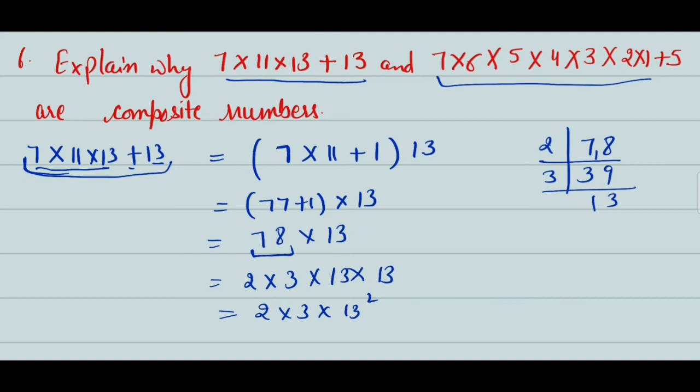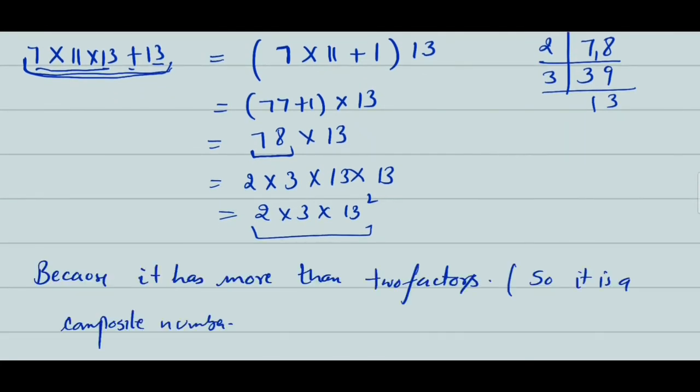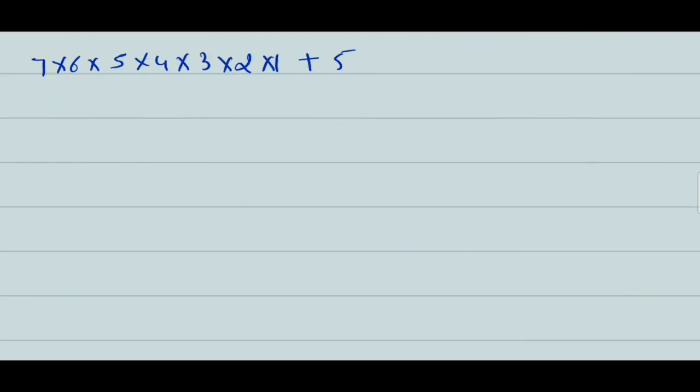See here, for this number we have more than 2 factors. So we can say that this number is a composite number, because this whole thing has more than 2 factors.